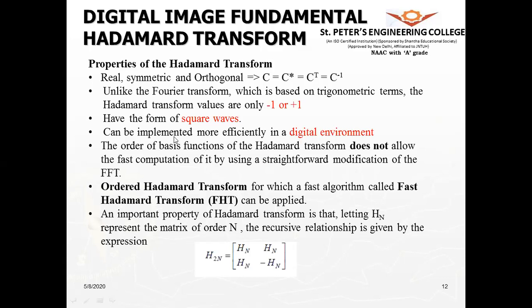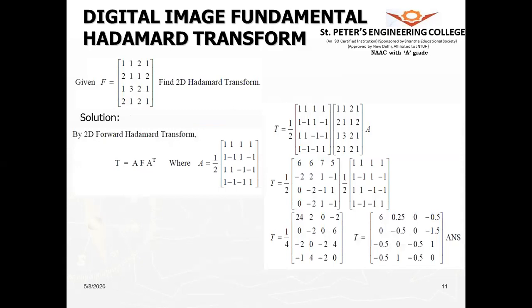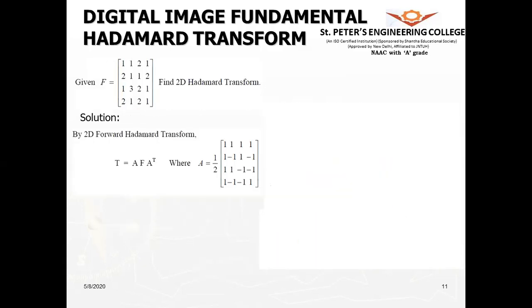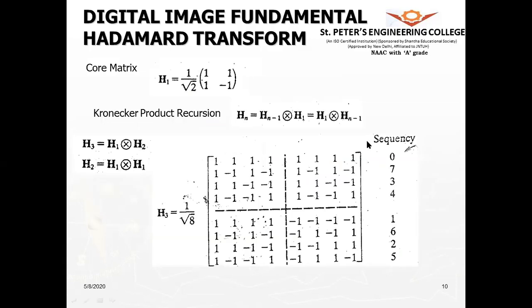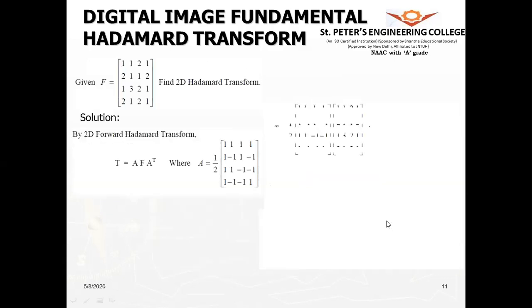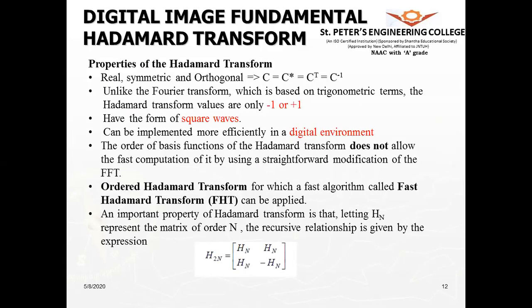In the Hadamard transform directly, there is no sequency that is followed. As we had discussed here, the sequency, that is the order of the numbers, is not in the proper order. Because of the sequency problem, you cannot use it for direct fast computation.